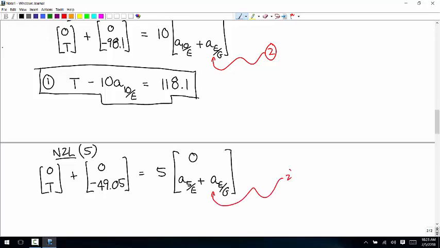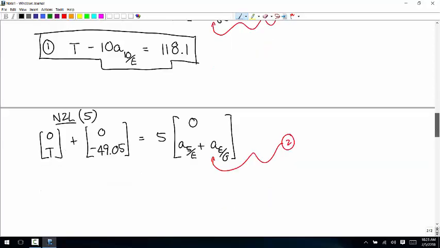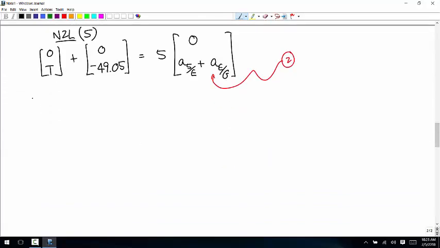And this one's still 2. So our second equation says t minus 5 times the acceleration of the 5 relative to the elevator is equal to 59.05.